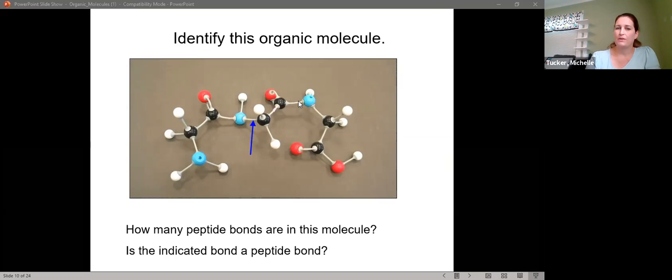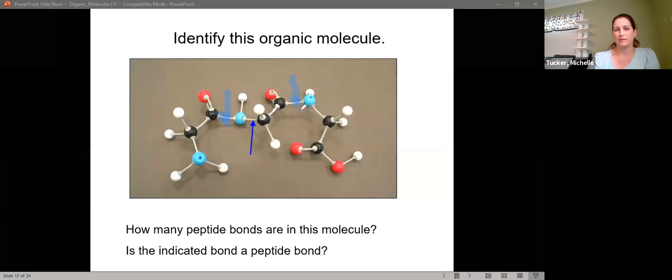And then the other peptide bond is this one between carbon and nitrogen, but the activated carbon. So we have one peptide bond here, and then the second peptide bond is there.